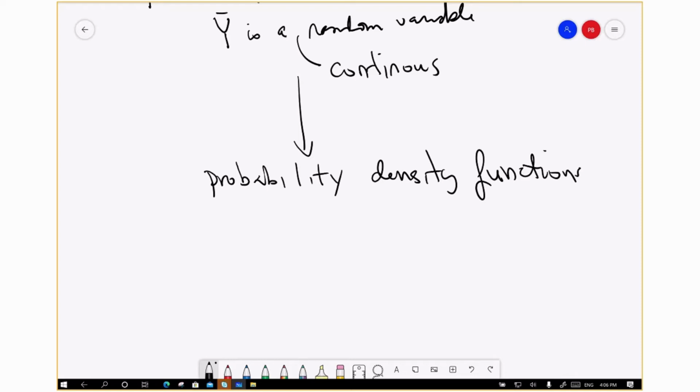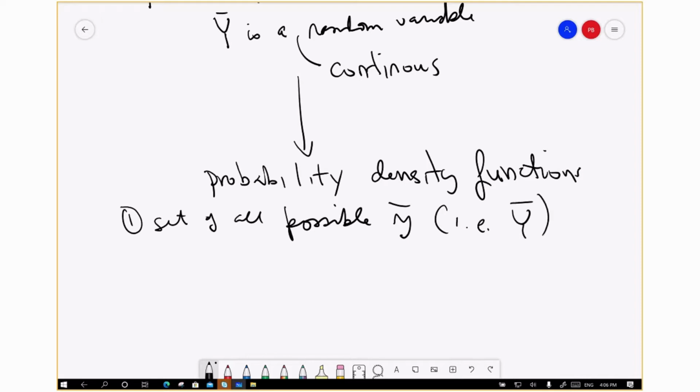So, first point I want to make is that the set of all possible y bar, i.e. Y bar, is a random variable. And as such, it's going to have a probability density function.